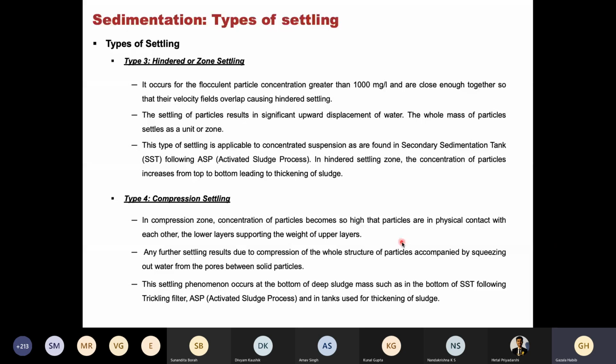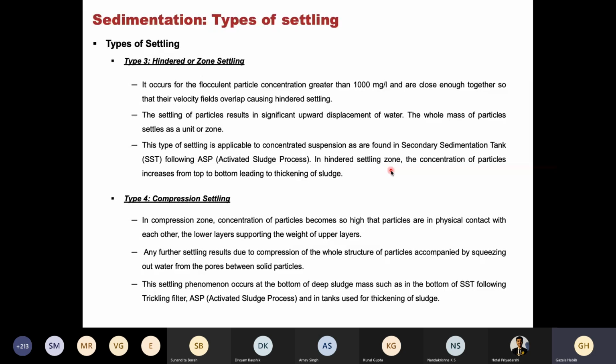The bacteria consume the organic matter. So ASP has two units: the first unit is the aeration tank, and the second unit is the secondary settling tank. The fraction of sludge from the secondary settling tank is recirculated in the aeration tank to accelerate the growth of bacteria and the biological process. In that case, the settling that happens in the secondary settling tank is hindered settling, because the concentration of solids is very high.